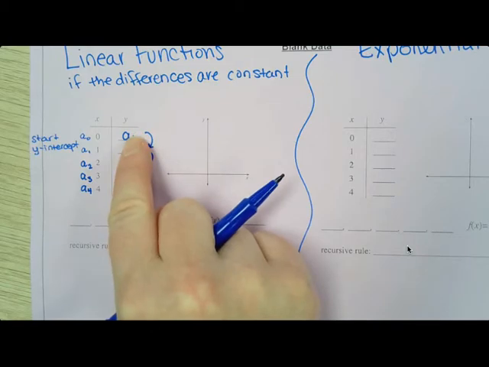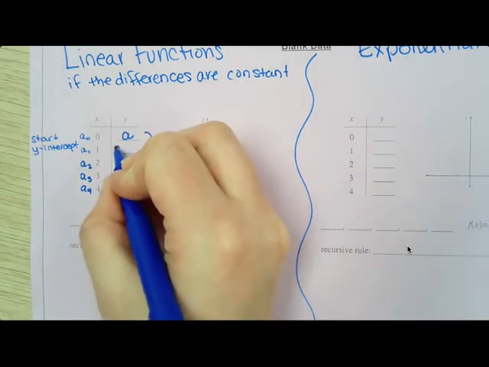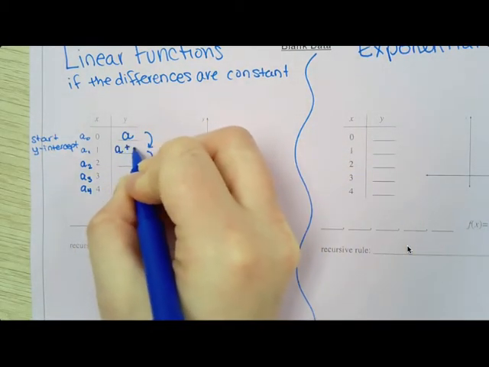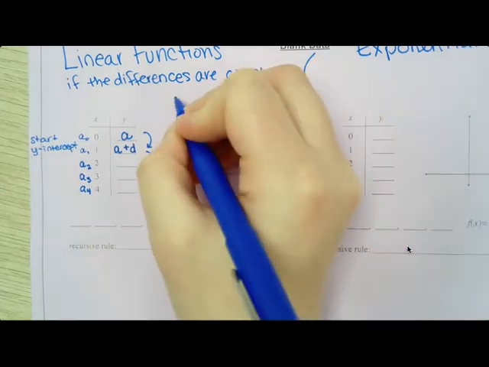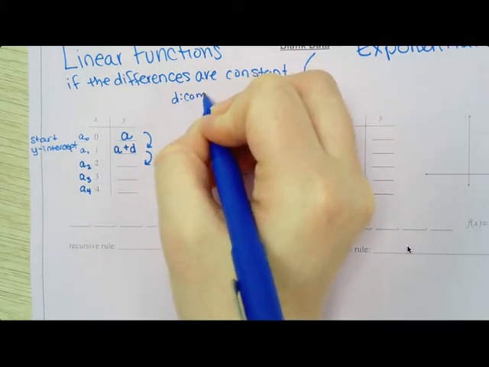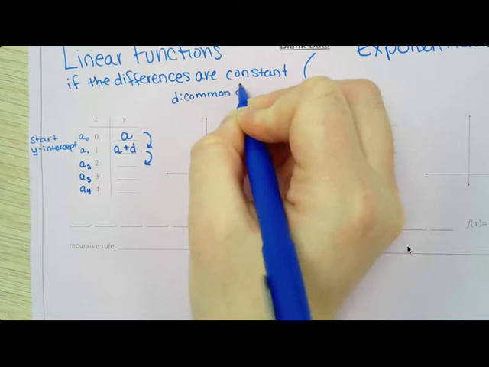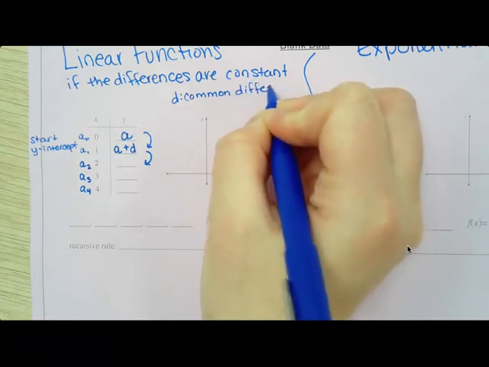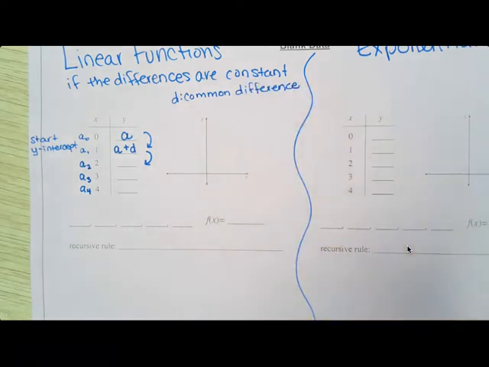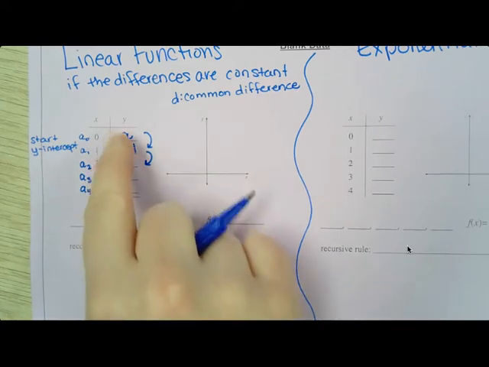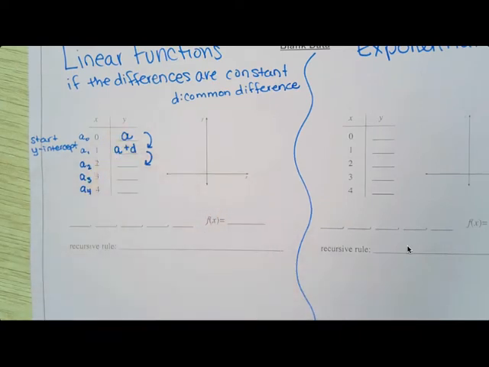To get our y value, we have a plus some value d. D represents the common difference. So what is the difference between A0 and A1?